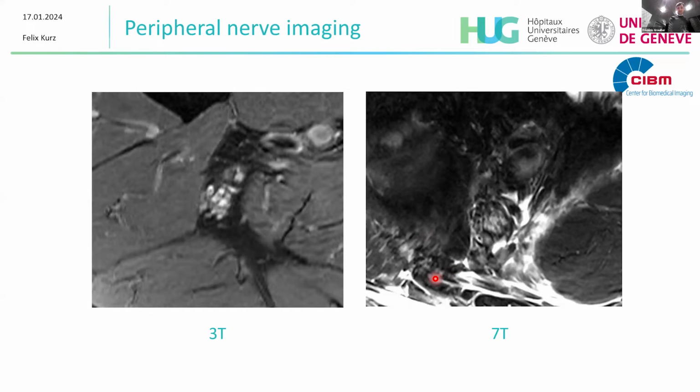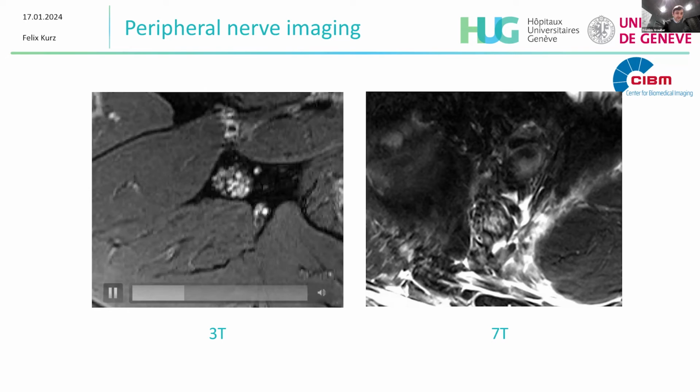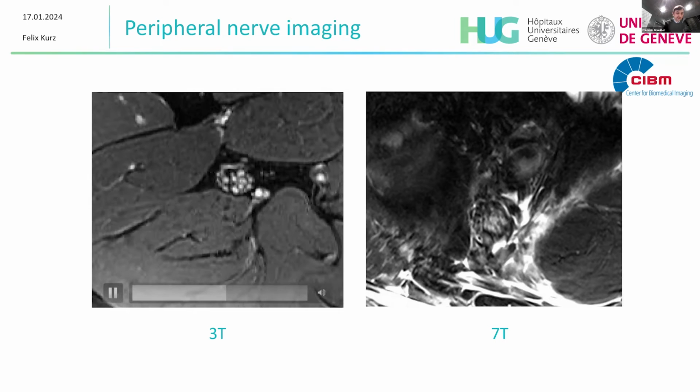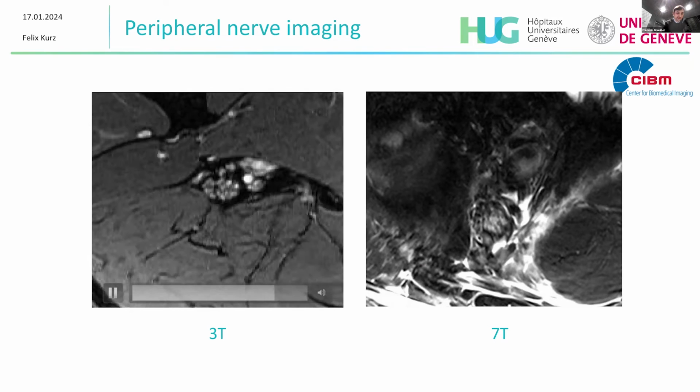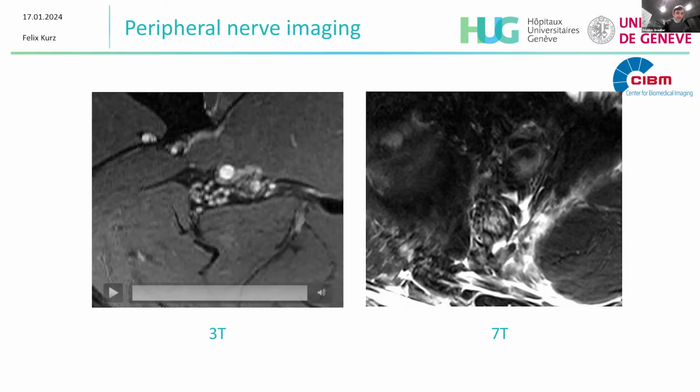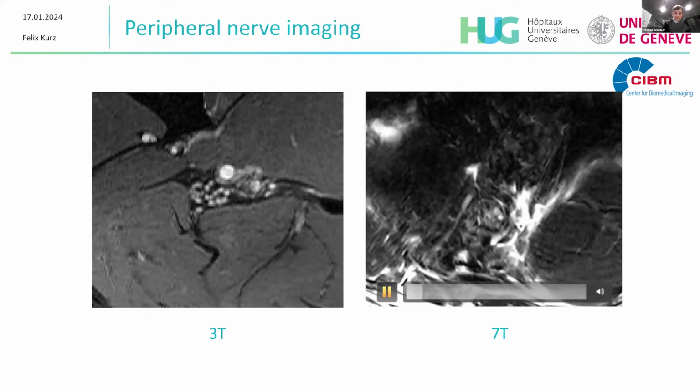And of course, we have problems in the suppression of fat and water. When you look at this peripheral nerve in the thigh, on the left you have a 3D image, and you see already not so bad, these slightly enlarged neuronal fibers that are also pathological with an increased T2 signal.